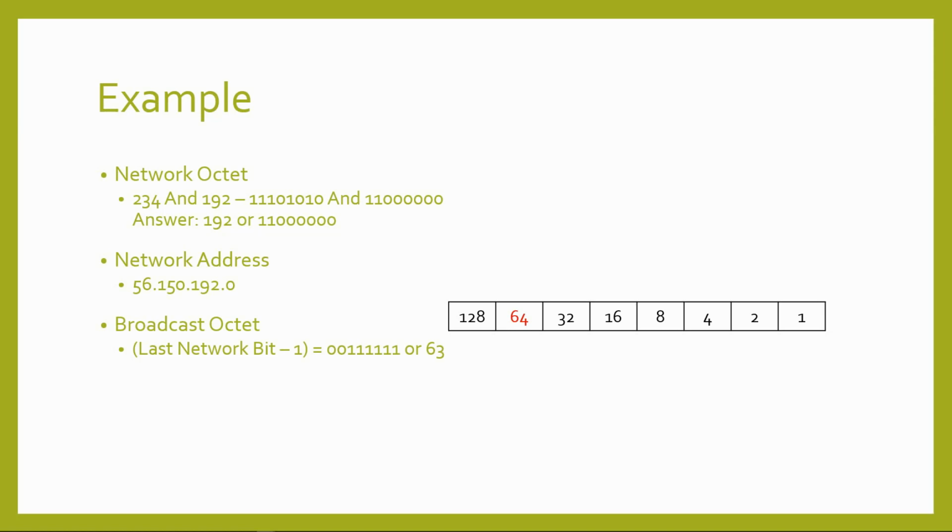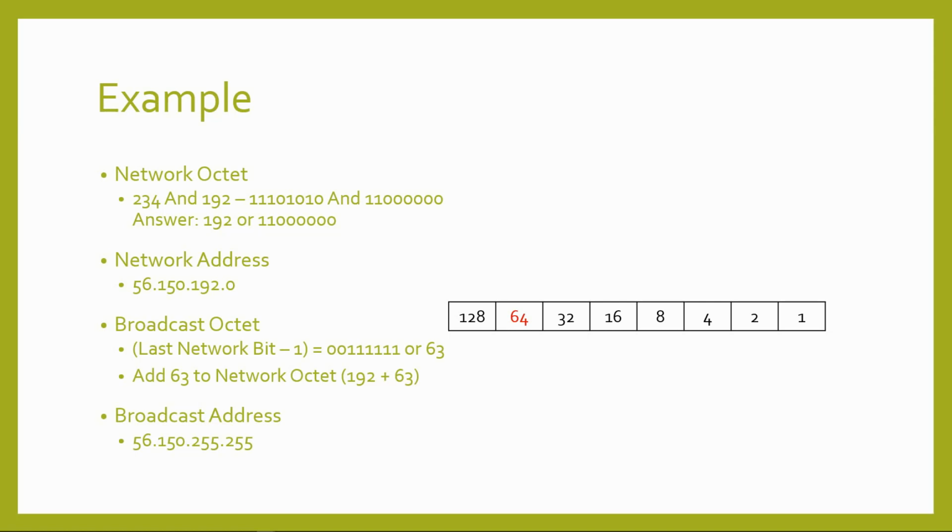So it makes the calculation very easy to do. So we know that we have 63. All we have to do is add 63 to our network octet, which we already know is 192 because we just calculated that. And if we do that, then that means we've now calculated the broadcast address as 56.150.255.255. And we've calculated our entire broadcast address.